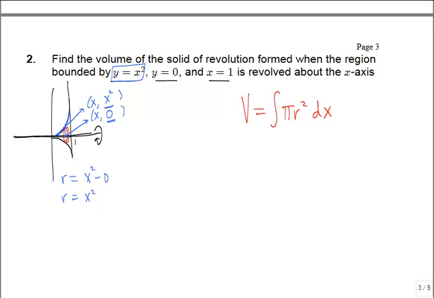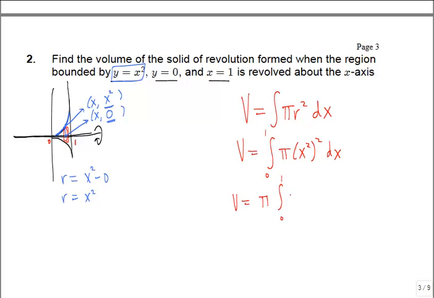All right, now we have the right pieces, so we can plug in. My integral becomes pi times this radius function squared, so x squared squared. And then what are my bounds for x? Well, x starts over here at 0 and it goes to that 1. So my bounds are going to be from 0 to 1. So to integrate, let's pull out our pi.